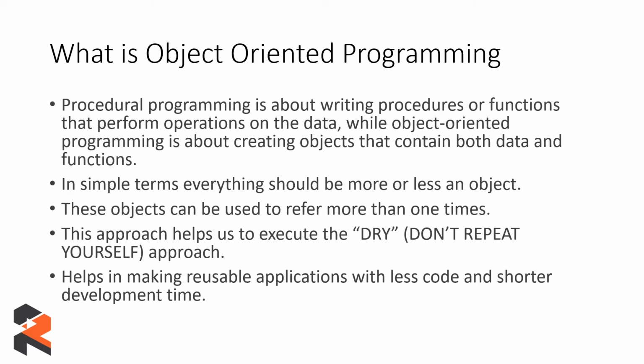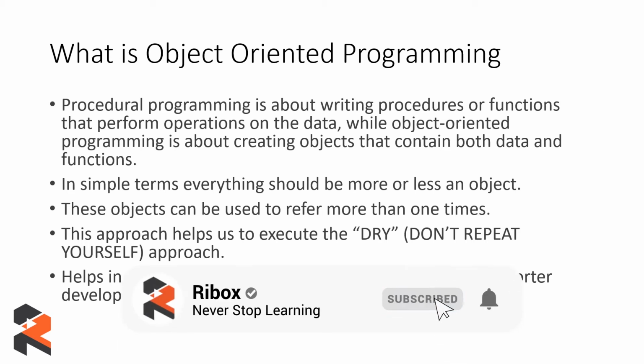And last but not the least, object oriented programming helps in making reusable applications with less code and shorter development time, because if we have some kind of function which is also needed by a different method, or it is needed somewhere else but it has slightly different code, then in that case we have to just write a little piece of code which will inherit things from our previous functions, and we can reduce the lines of code in this manner, which will help us to keep our code shorter and concise, and will help us to develop our apps in a shorter development period.